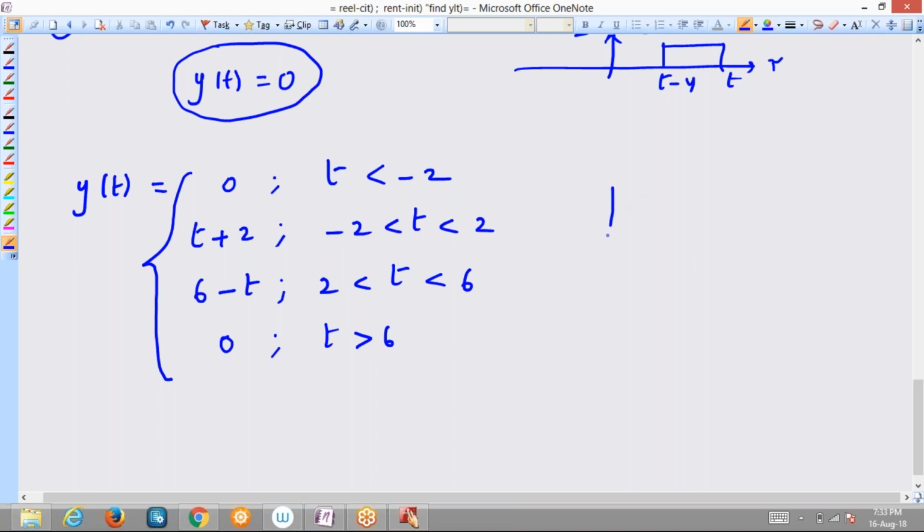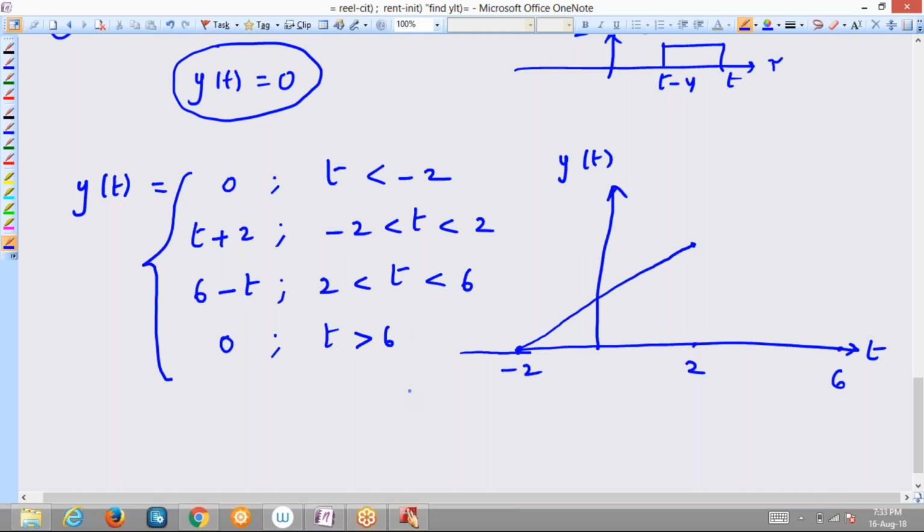So if you plot the signal y of t, from minus 2 to plus 2, the signal is t plus 2. So we have a shifted ramp function like this.